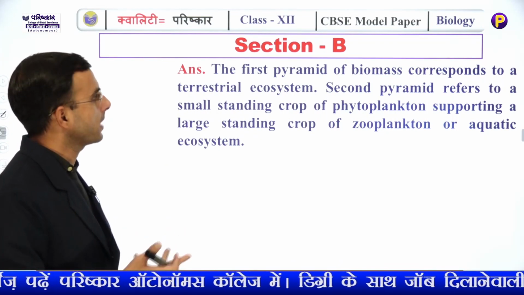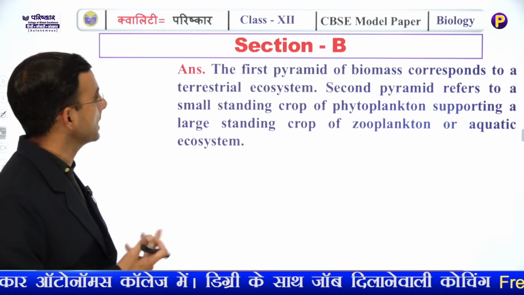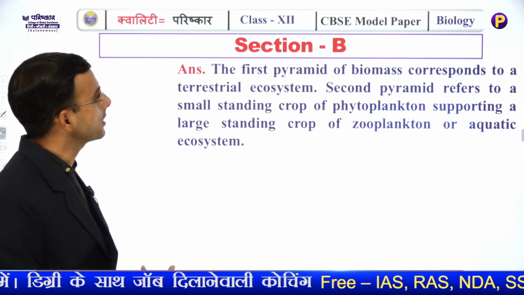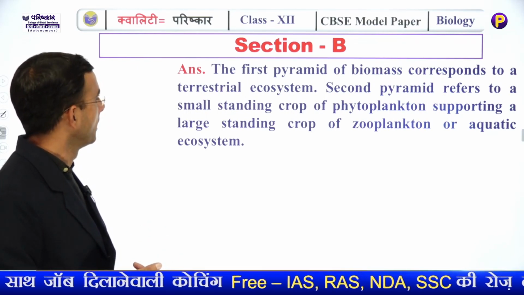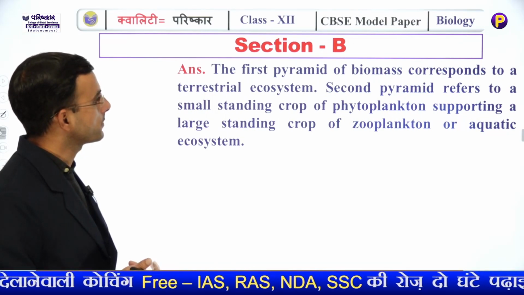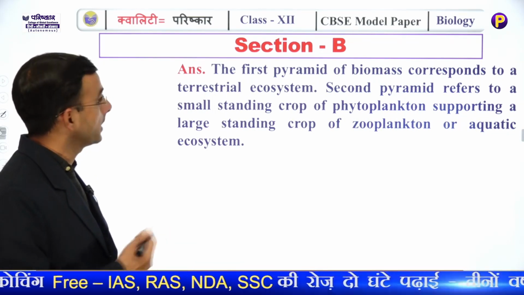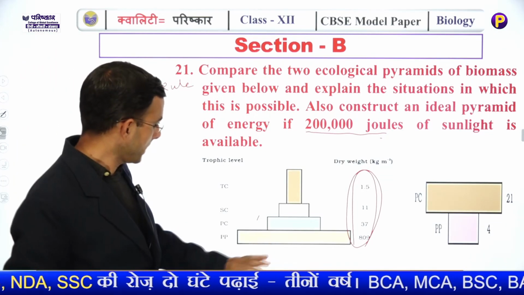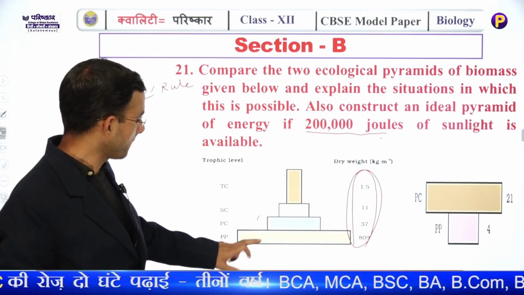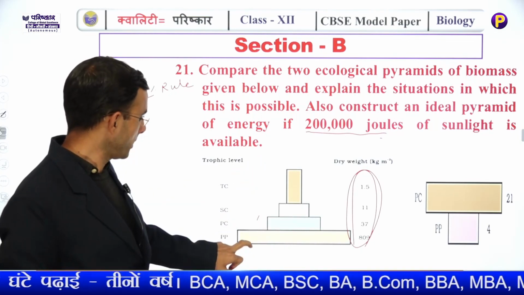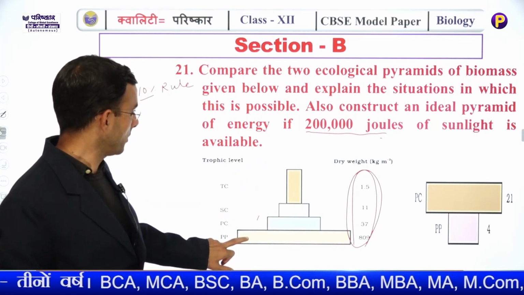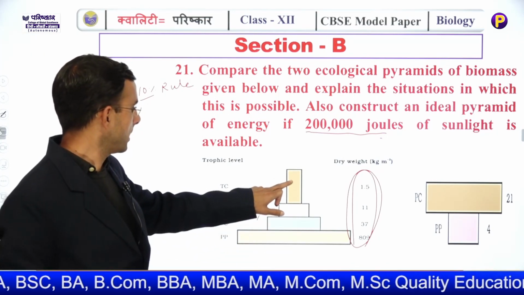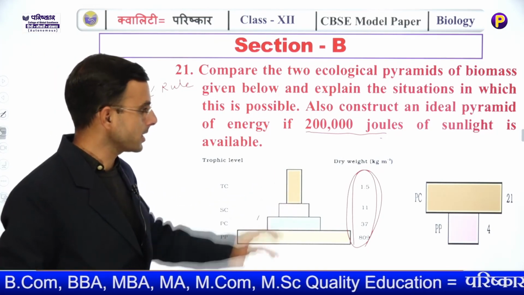Okay, so first, the pyramid of biomass corresponds to a terrestrial ecosystem. Second refers to a small standing crop of phytoplankton supporting a large standing crop of zooplankton, that is, an aquatic ecosystem. So look at this one. This pyramid is of the terrestrial ecosystem, because the primary producers are more, then there are primary consumers, secondary consumers, and the top animals, the tertiary consumers.